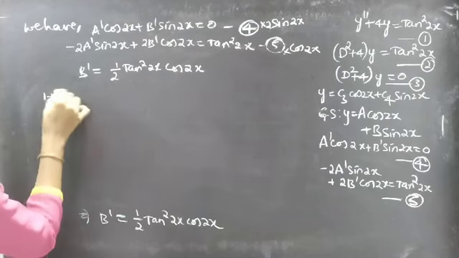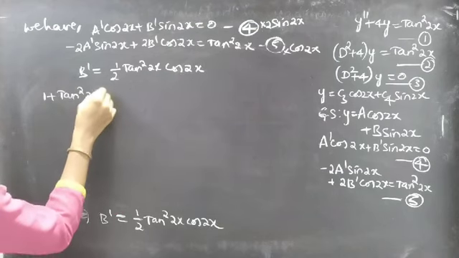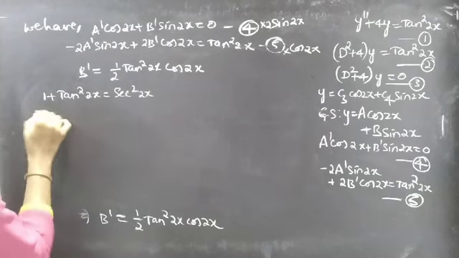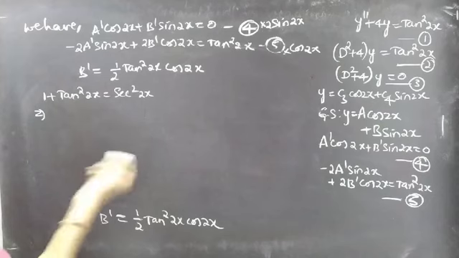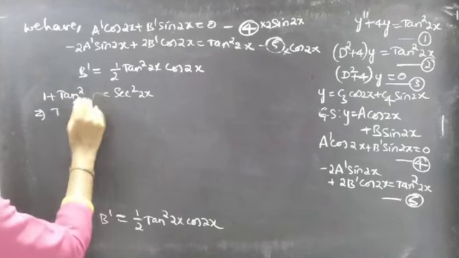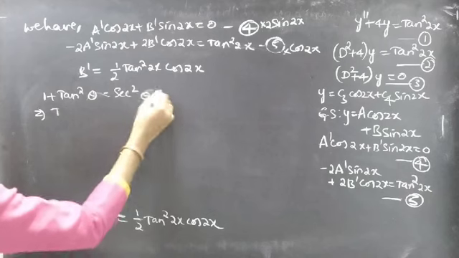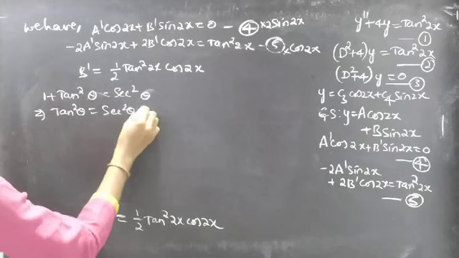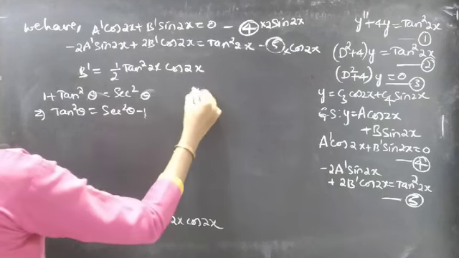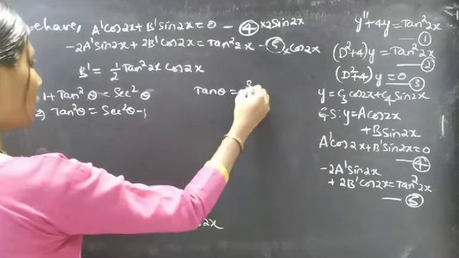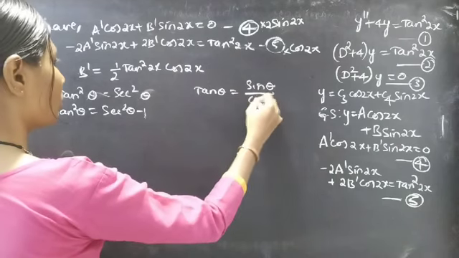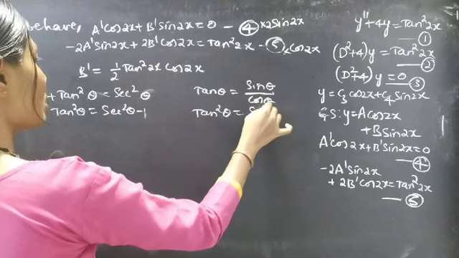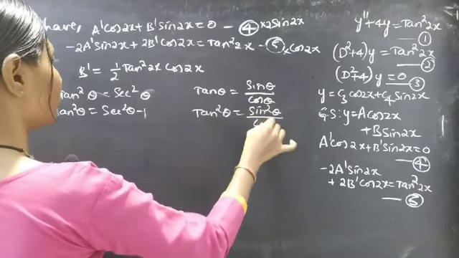If we want to replace tan square with secant square, we'll use 1 plus tan square theta equals secant square theta. Tan square theta equals secant square theta minus 1, or we can just write tan theta is sin theta by cos theta, or tan square theta can be replaced by sin square theta by cos square theta.